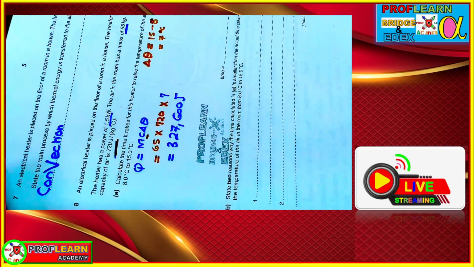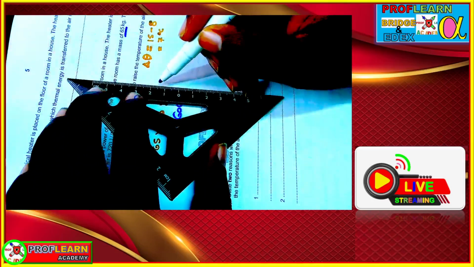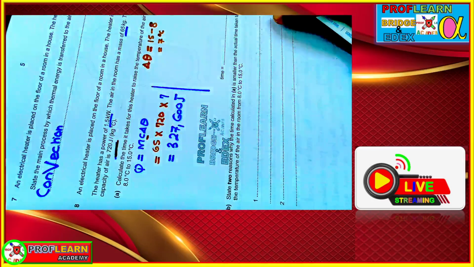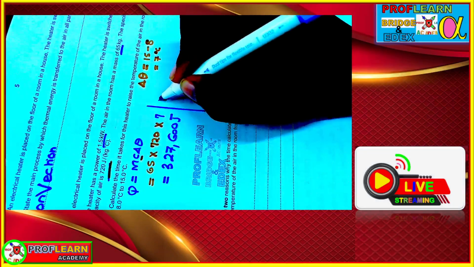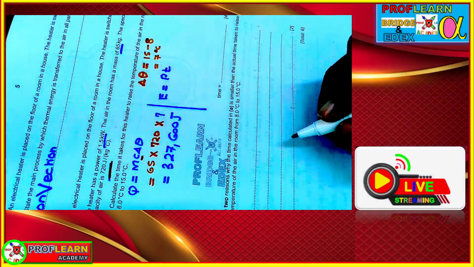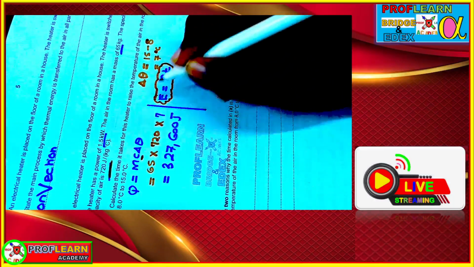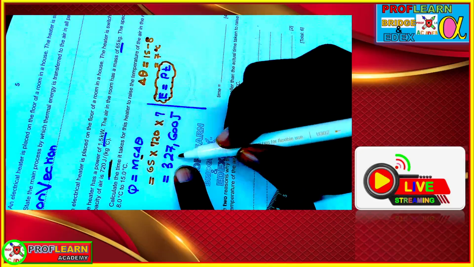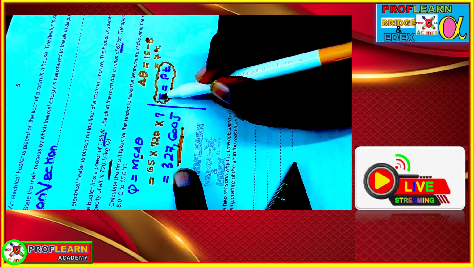So this is the energy that is being supplied. But you need to remember that this question is not about energy, it's about time. But electrical energy is usually power times time, isn't it? So we can use this formula also, because the energy is this one, which we are going to replace at this particular point.